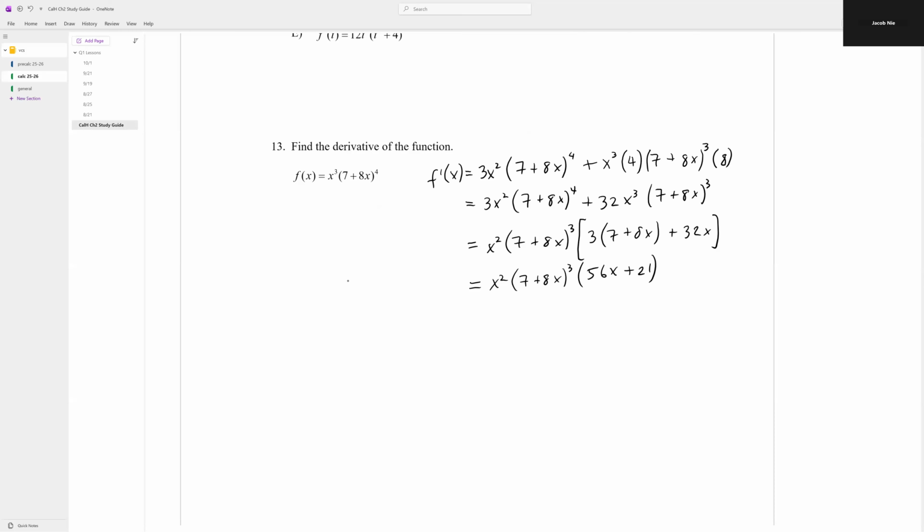And then you might also need to factor out a factor of 7 from this term, which might leave you with 7 times x squared, 7 plus 8x to the third, and then times 3 plus 8x. That would be a most simplified answer, but if it was a multiple choice, you could also leave this as your final answer as well.